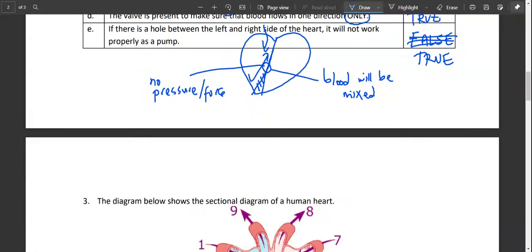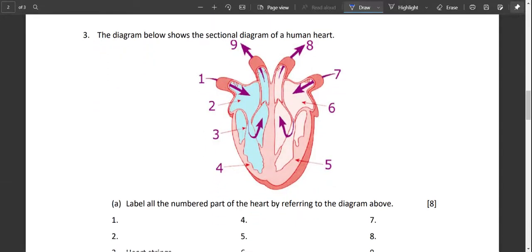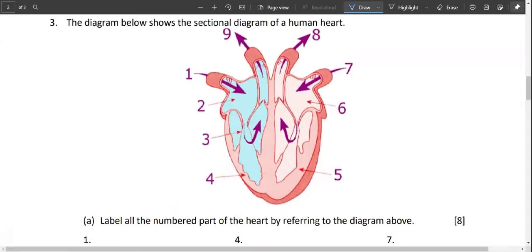Next one, number 3, the labelling. So labelling of the heart, I've already done the revision with you several times, and I was hoping that you can memorize everything already. Now let's focus on the chambers.